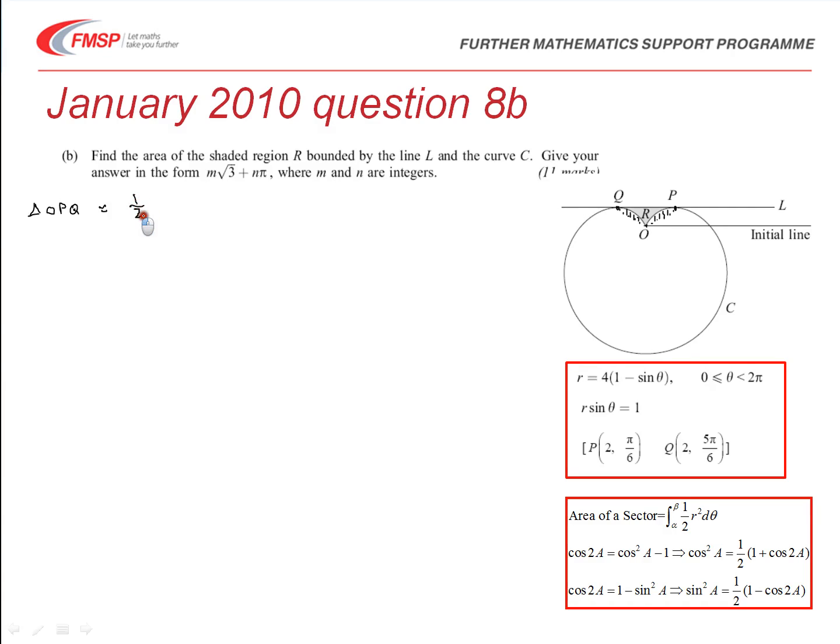So it's a half times a, which is OP, which is 2, times OQ, which is 2, times the sine of the angle. Well, if the angle of Q back this way is pi by 6, and similarly pi by 6 over on this side, taking that away from pi gives us the sine of 2 pi over 3.